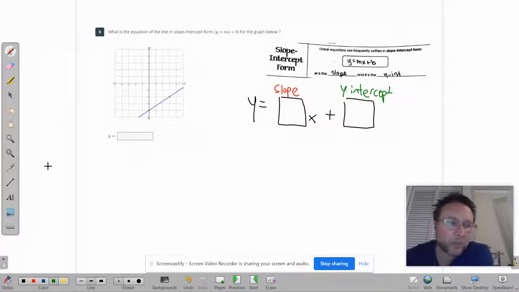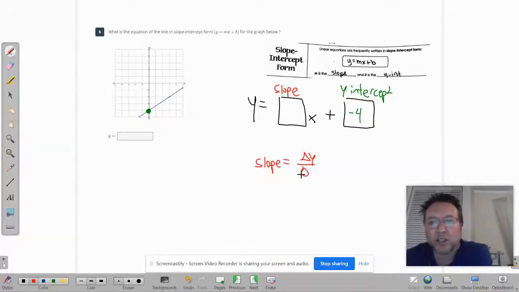Well, let's start with the y-intercept here. It looks like this starts at -1, -2, -3, -4. So the y-intercept is there at -4, so I could go ahead and fill that in. Now I just need to figure out what the slope is. Remember that slope is the change in y over the change in x. And when we're talking about a graph, at least in this context, we're talking about the steepness of a line.